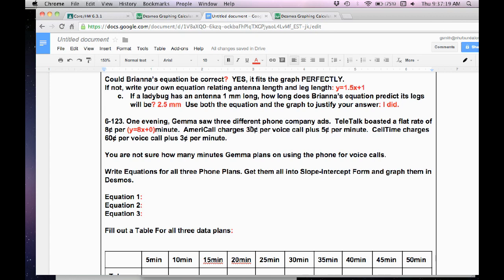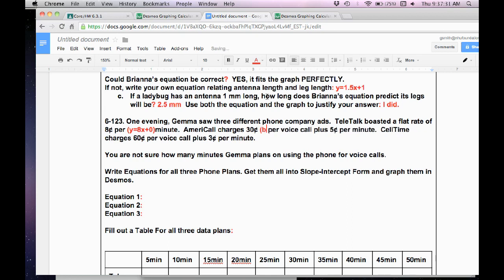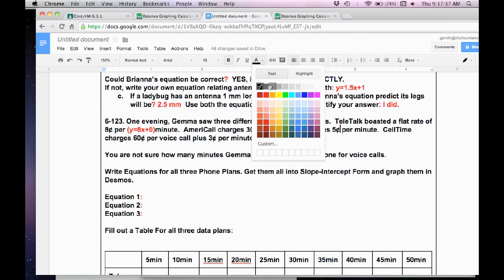It's a trick. You pay 30 cents when you make a call, so that's actually the cost you pay when it starts. They're being sneaky, but it's a hidden b, and this is your actual m.